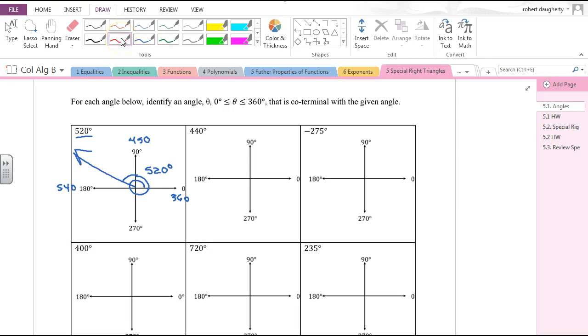Now, let's look at this angle. What is the angle from here to here? I was at 450. What did I have to add to get to 520? 70. If that's 70, what's this one?